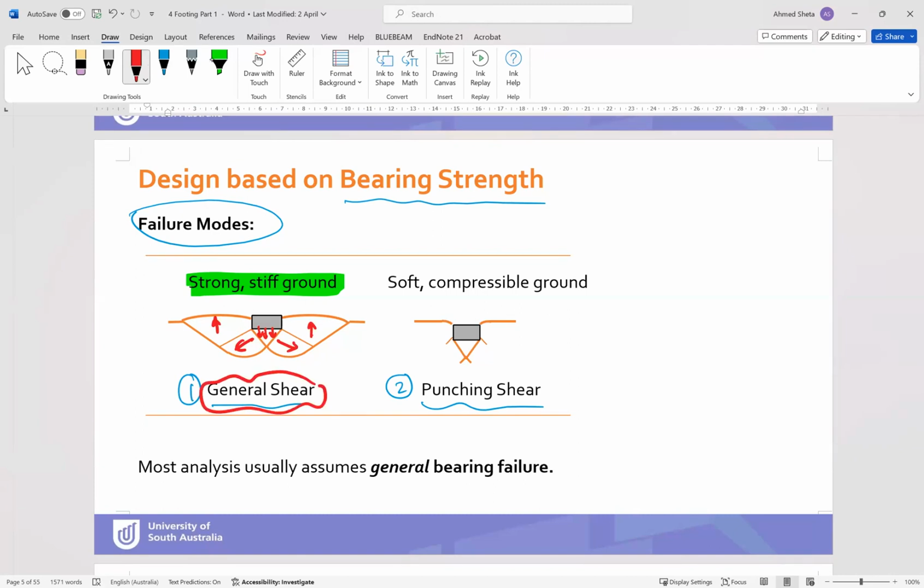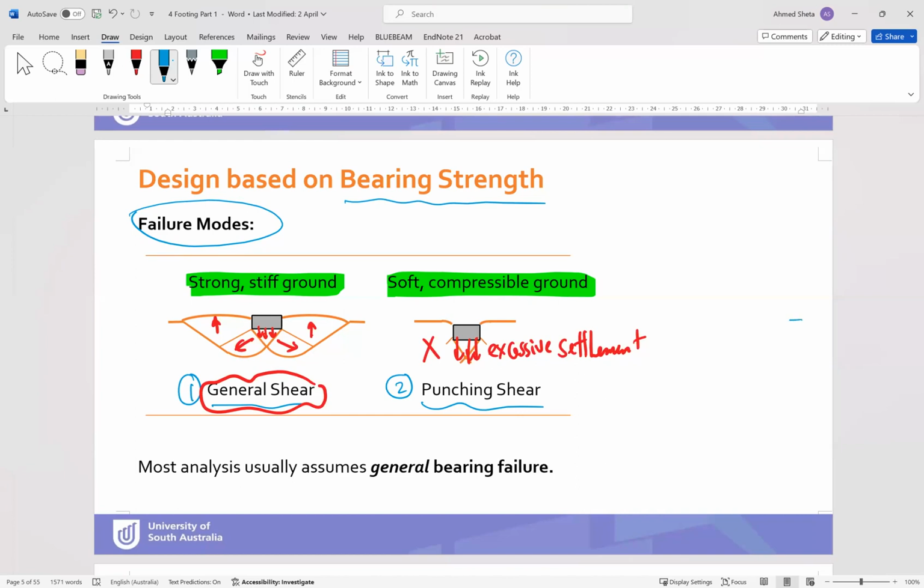The punching shear failure occurs when the soil is soft or compressible. In this failure, the soil underneath is very weak, so excessive settlement happens underneath the footing. This soil layer cannot be used for foundation.